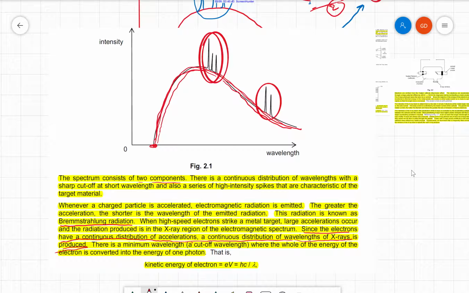Here it is clear that the kinetic energy has been totally transformed into X-ray energy. So kinetic energy, which is equal to eV, where V is the anode cathode voltage, is equal to hf or hc over lambda, which is the highest energy X-ray.